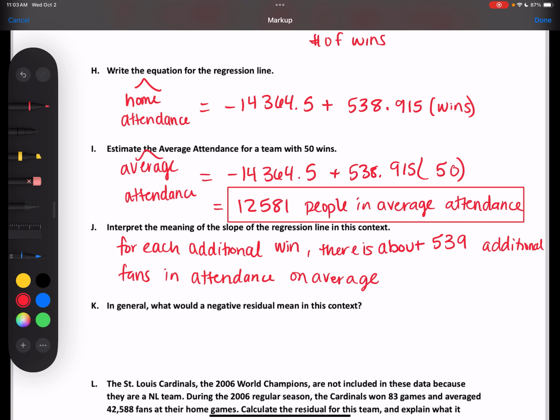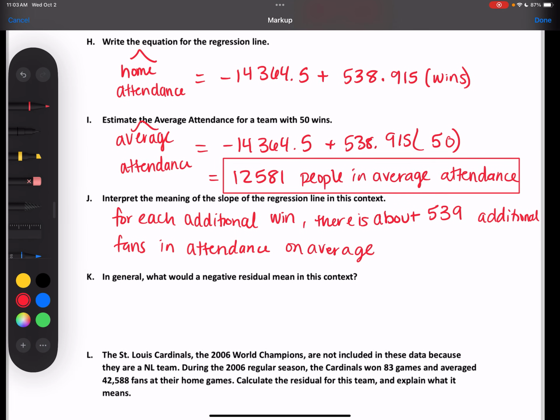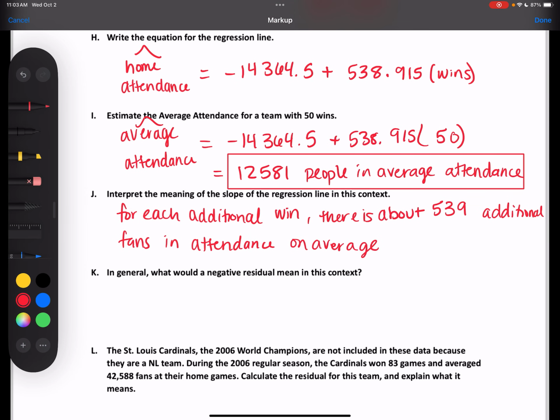Now, this next one we kind of talked about a little bit already, but what would a negative residual mean in this context? A negative residual means that the predicted is greater than the actual.